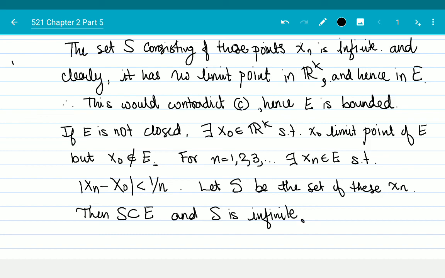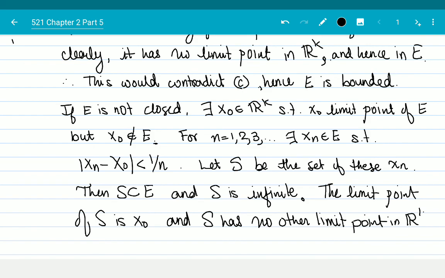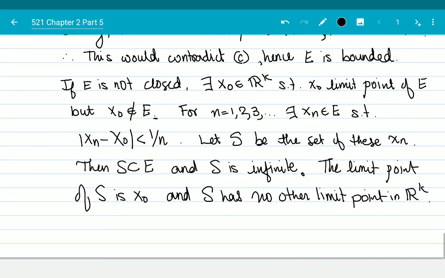Well, here's the thing. The limit point of S is x naught, and S has no other limit points in Rk. Why is this true?